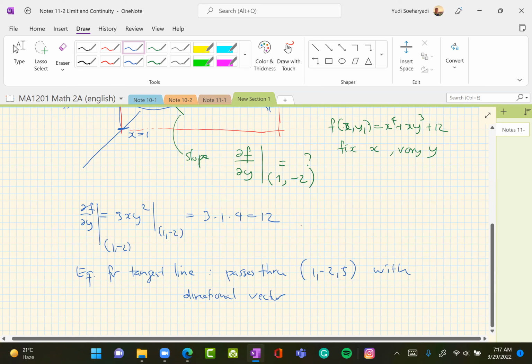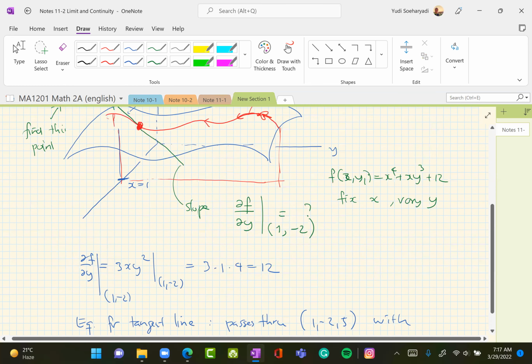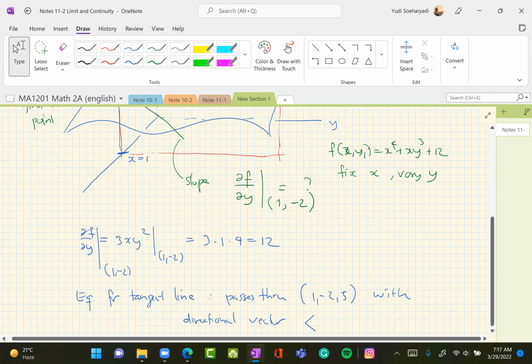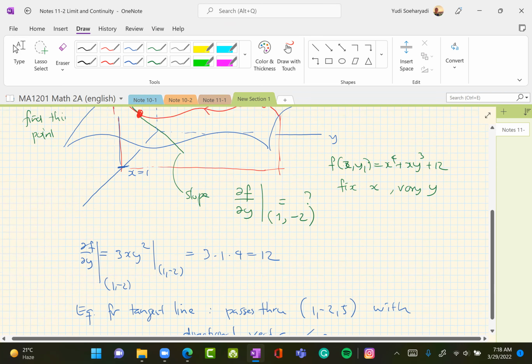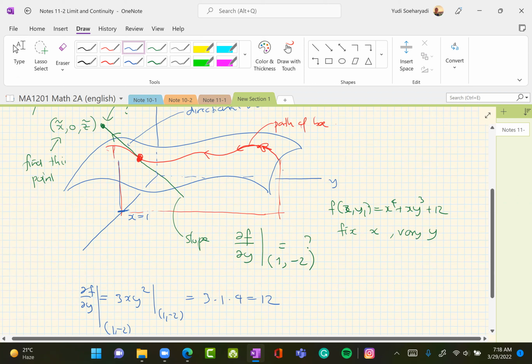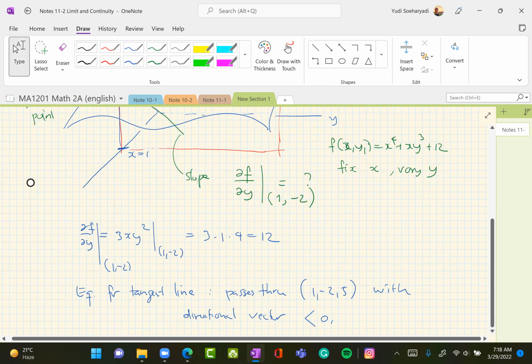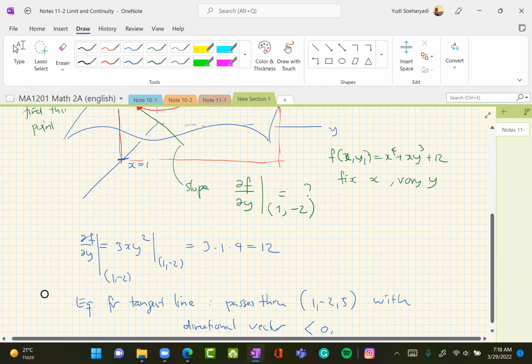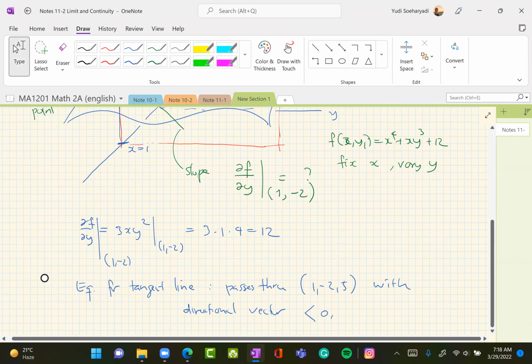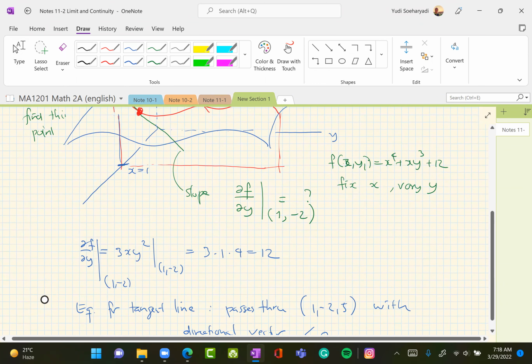This is slope 12. So the directional vector doesn't change the x, because that's along the wall, the wall x equals 1, right? So the directional vector has 0 in x, and then dy is 12.